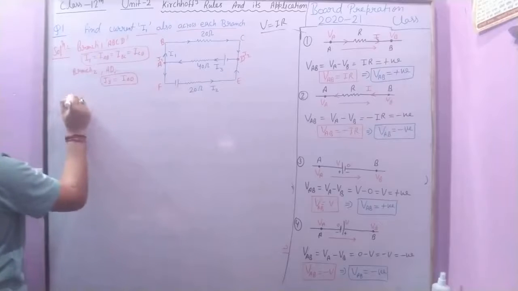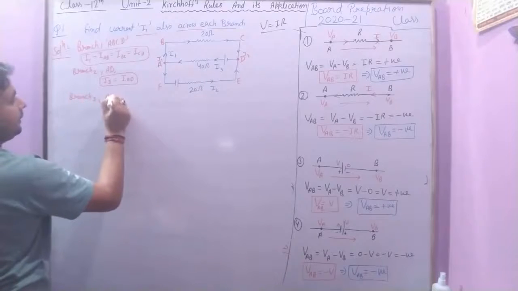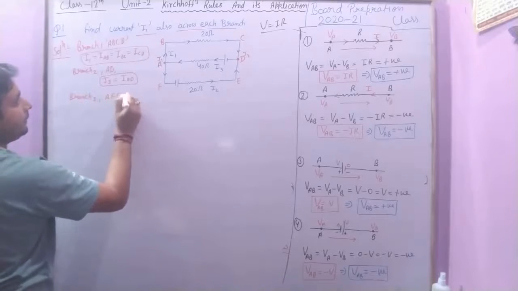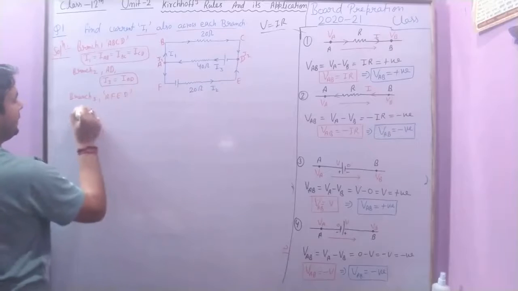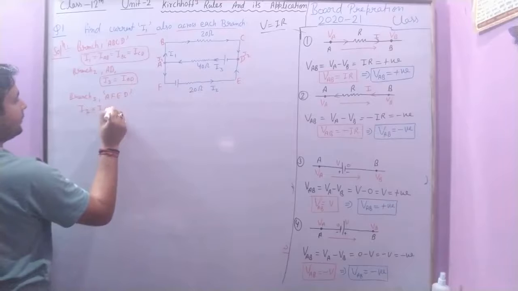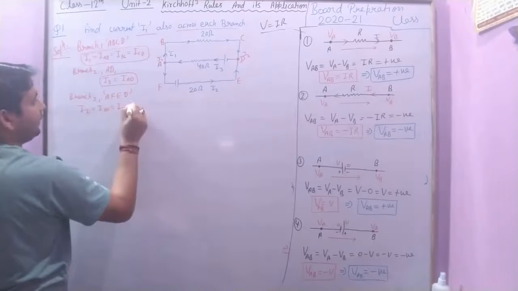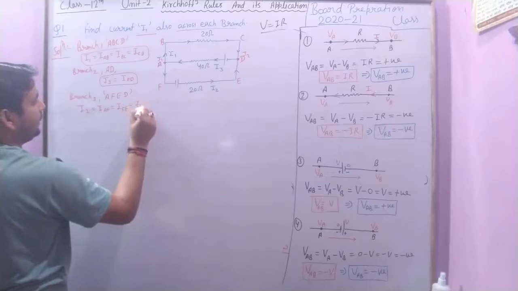And in branch 3, branch 3 is A, F, E, D. That is I2 equal to IAF equal to IFE equal to IED.